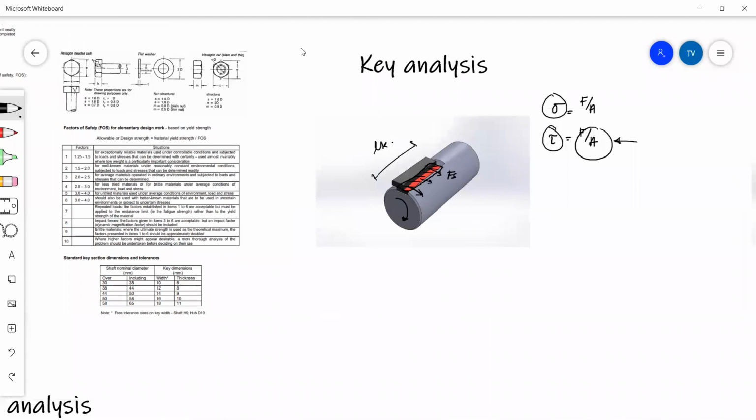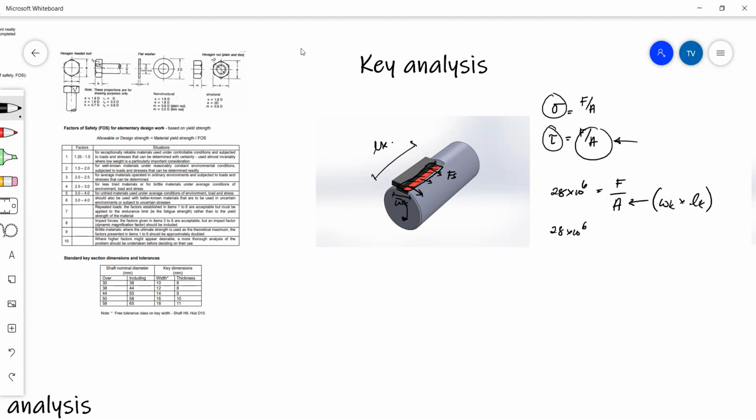So our shear stress in this case will be 28 megapascals times 10 to the power of 6, equal to the force over the area. Now this area, our dimensions are the width of the key multiplied by the length of the key. It's a rectangle.